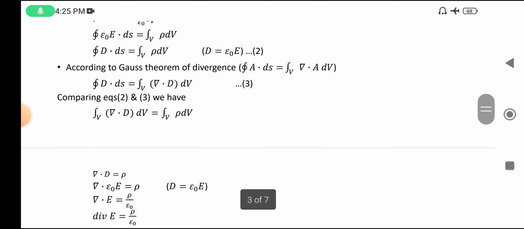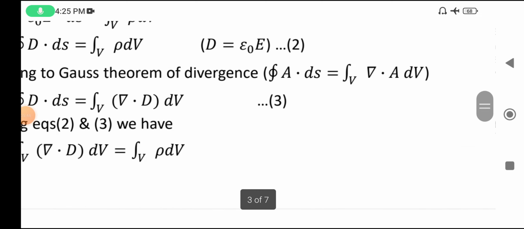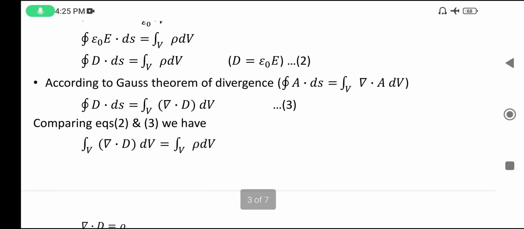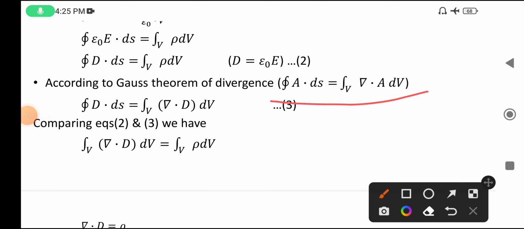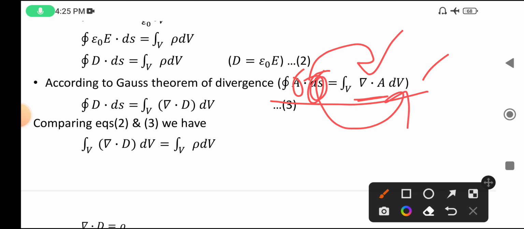By using it, see here, the formula is: when you have a vector A dot dS, it is converted into del dot A into dV. So area is converted into volume, and in the place of A, del dot A has come. Now here we have D, so it converts easily in this manner. So integral D dot dS is equal to integral del dot D into dV.